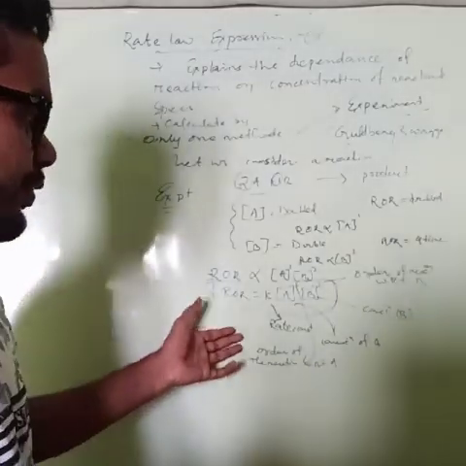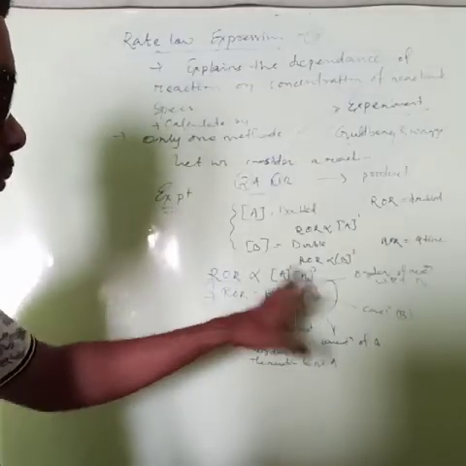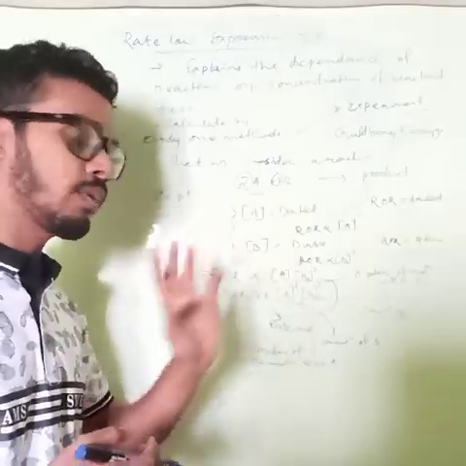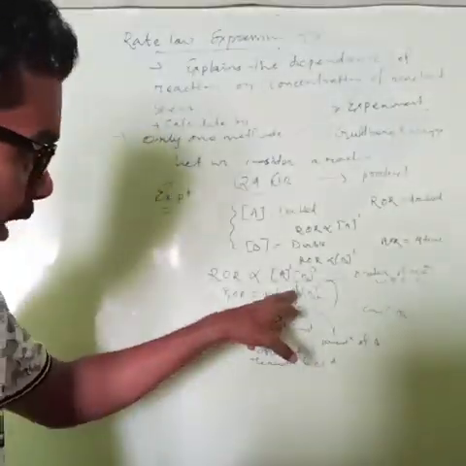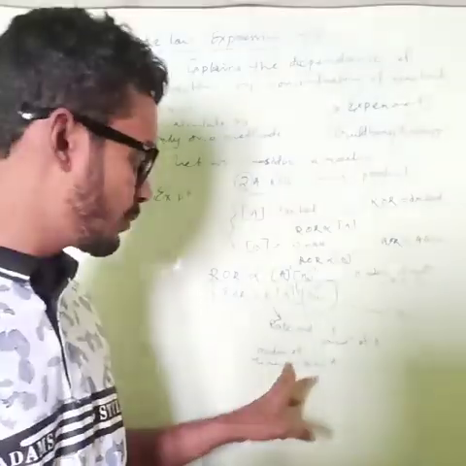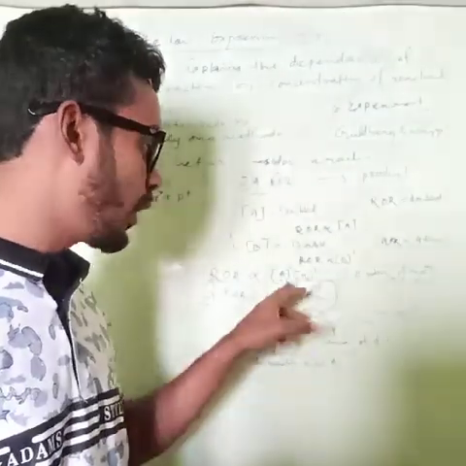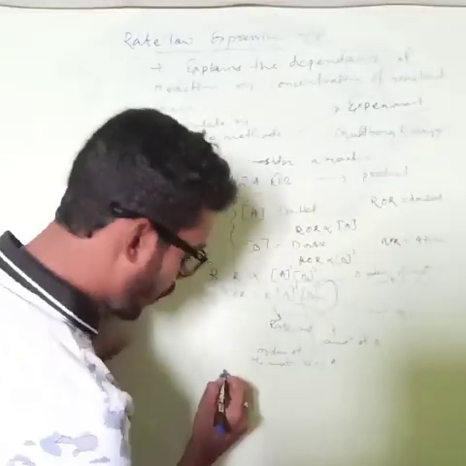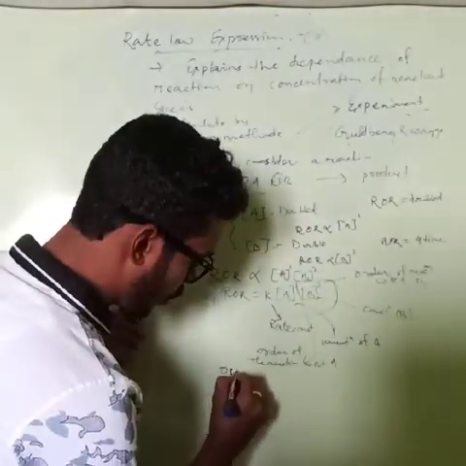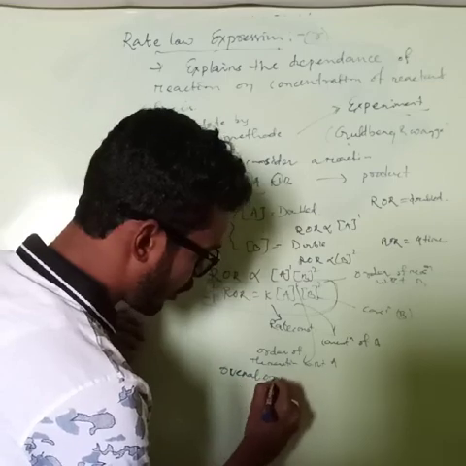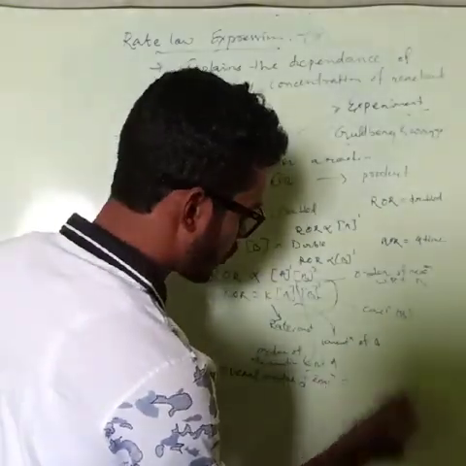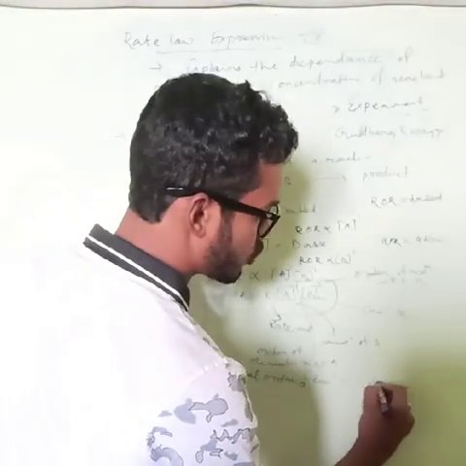Understood? So rate law is the product of concentration of A and B for this reaction to the power 1 and 2. And what is this 1 and 2? It is the order of the reaction with respect to A, and this is with respect to B. So overall order of reaction is 1 plus 2, that is 3.